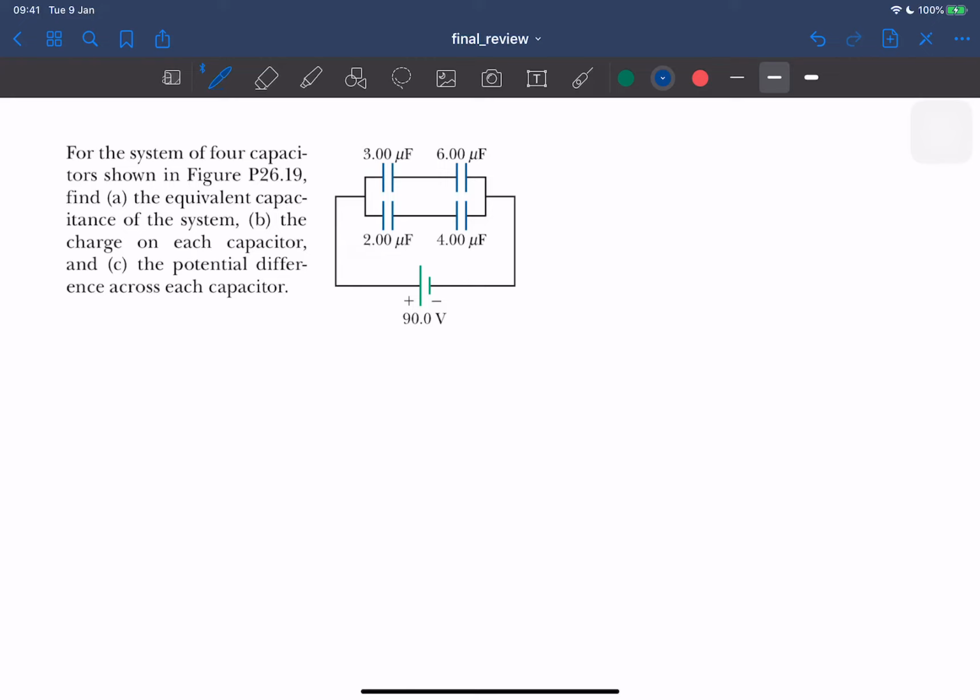C is equal to Q divided by delta V, right? Remember, a capacitor is a thing that can hold charge when you apply some potential across its two terminals. If you reverse this, you get delta V equal to Q over C, like this.